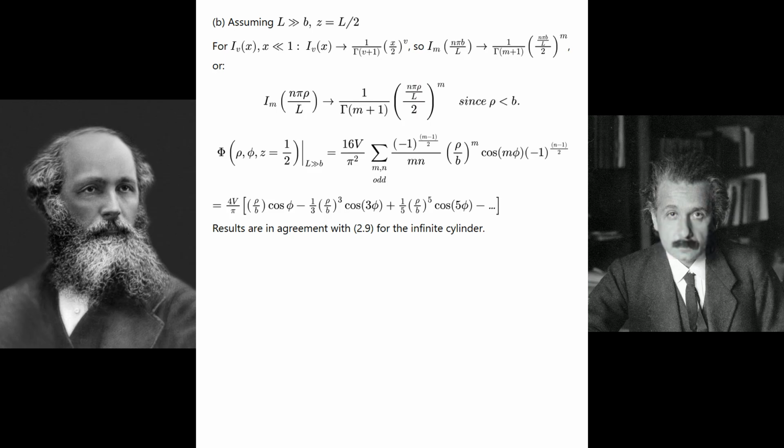Phi equals 4V over pi times open bracket, rho over b times cosine phi minus 1/3 times rho over b cubed times cosine 3 phi plus 1/5 times rho over b to the 5th power times cosine 5 phi minus ... close bracket. Results are in agreement with 2.9 for the infinite cylinder.